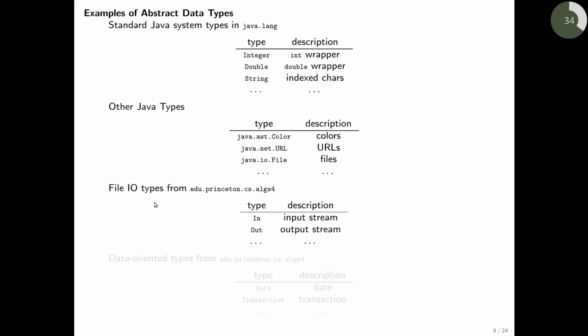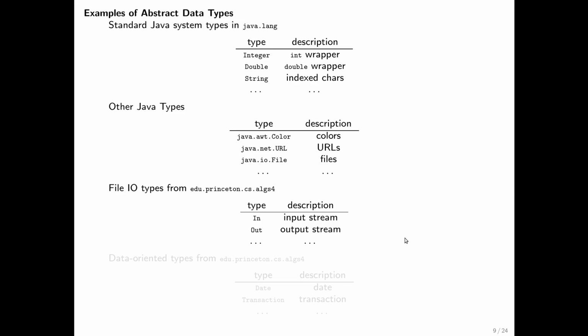Here are some types from this package from the authors of our text for performing file I/O. In is very different from StdIn, and it represents a file input stream, whereas StdIn represented the standard input stream, and that's a library of static methods. Out is a file output stream, very different from the standard output stream, which is represented by StdOut.